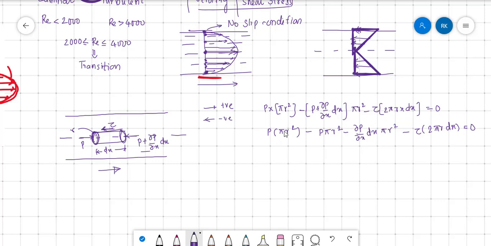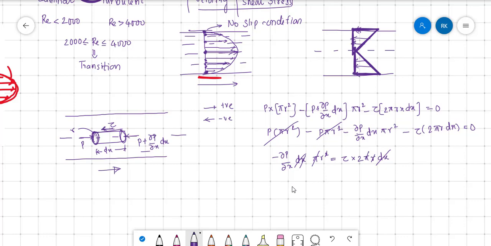Here P into pi r square gets cancelled. Minus dou P by dou X dx into pi r square is equal to, taking the shear force to that side, tau into 2 pi r into dx. The dx gets cancelled, and pi and one r get cancelled.